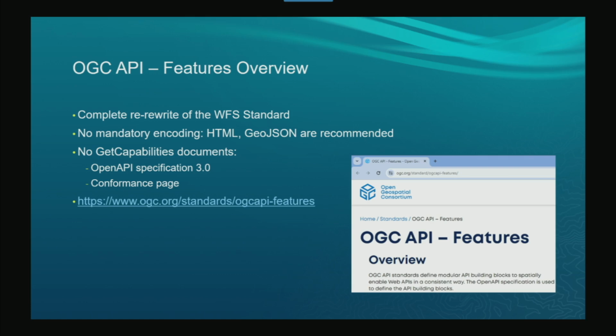Open API specification 3.0 and the conformance page, as you're going to see down the road, replaces the GetCapabilities that you might be familiar with to get the metadata or what this service is about. If you want to learn more about the OGC API features, the standard is out. This is the link to it.